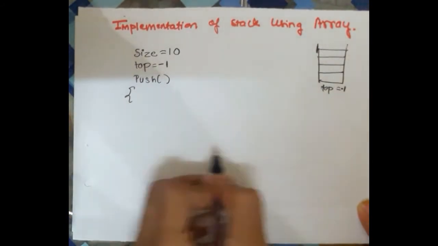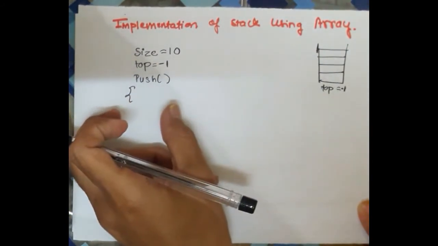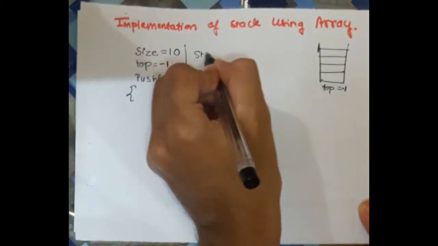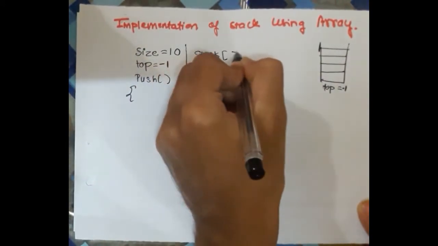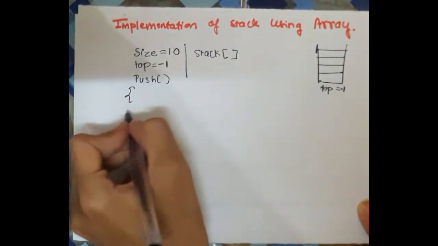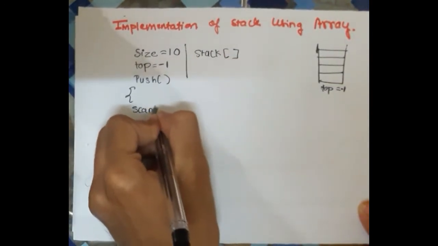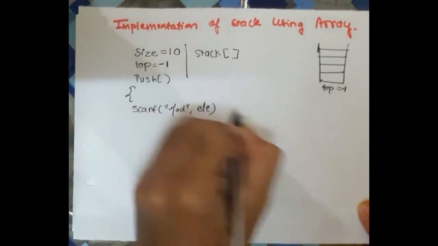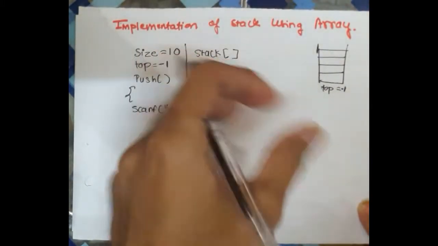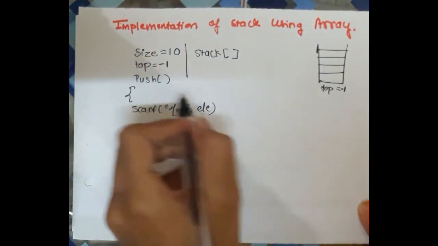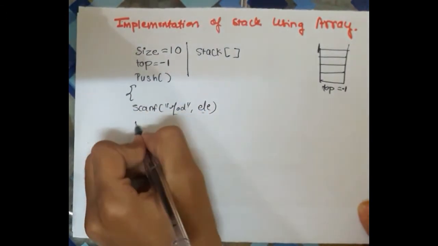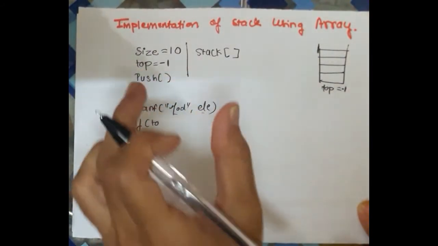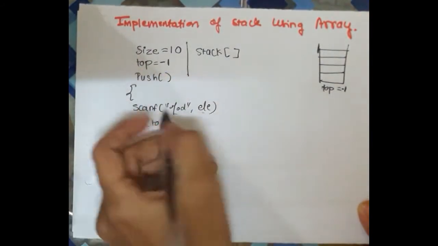First we need to read the element which we have to push into the stack. So declare a stack also, an array. Okay. So read the element: scanf %d element. Let us consider this element is an integer, so %d is the format specifier. Now the condition: if. For the push operation we need to check the stack overflow condition.